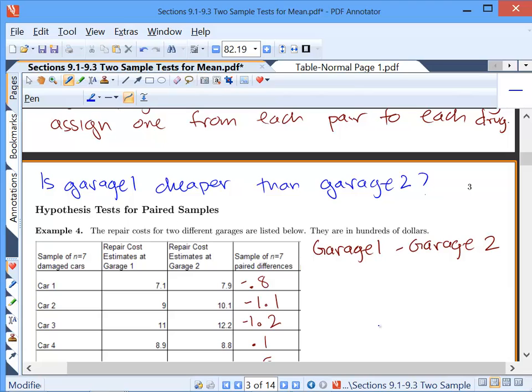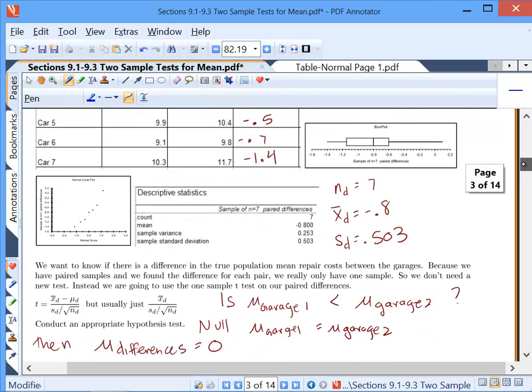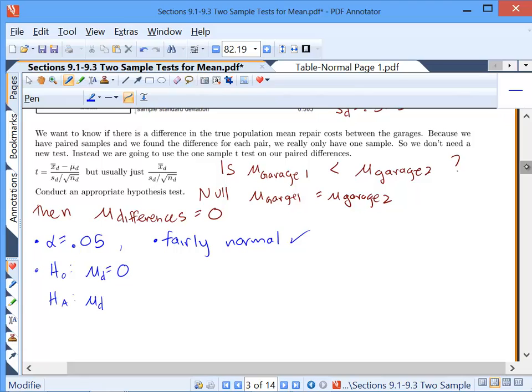So if we do garage 1 minus garage 2, and garage 1 is cheaper, we're going to have small values minus big values, which should give me overall negative numbers. So do I want my mean of the differences to be less than 0 or greater than 0? Less than 0. That's the hardest part, figuring out which way that sign should go.